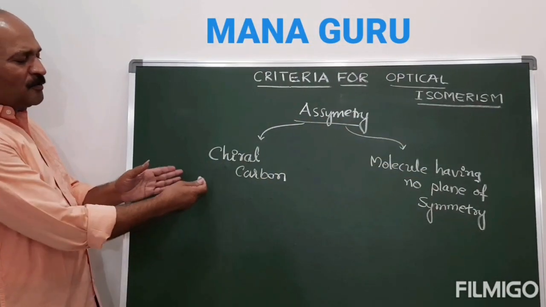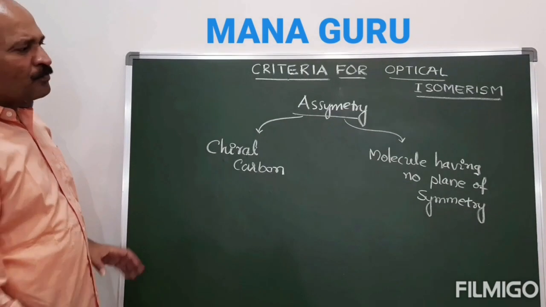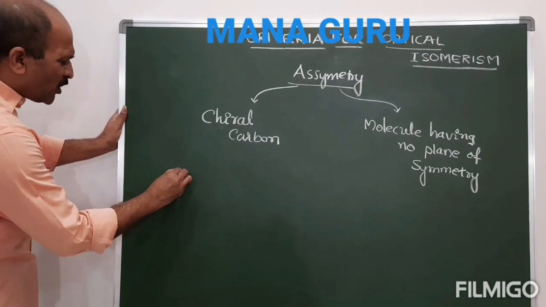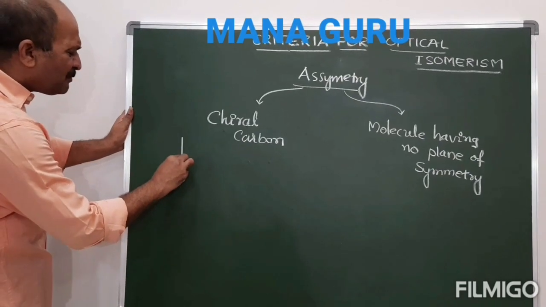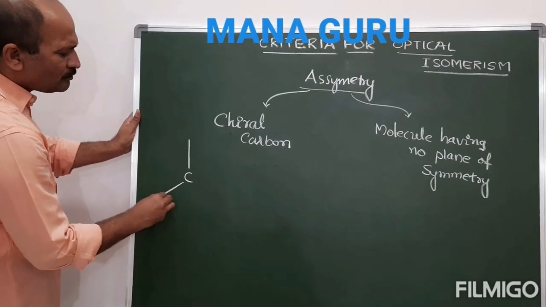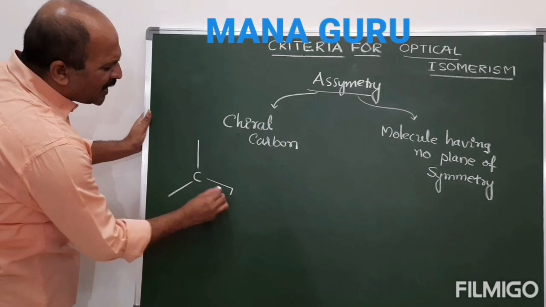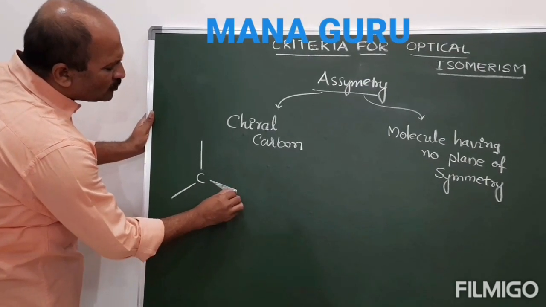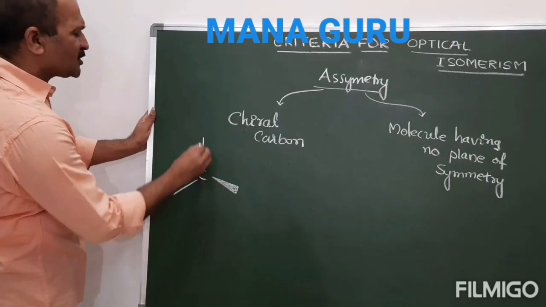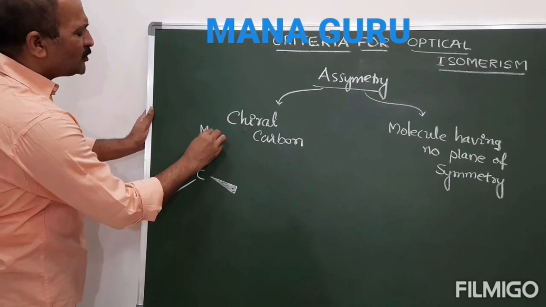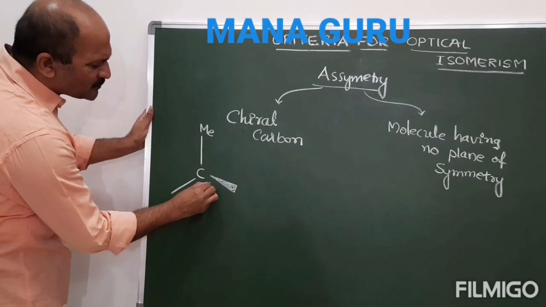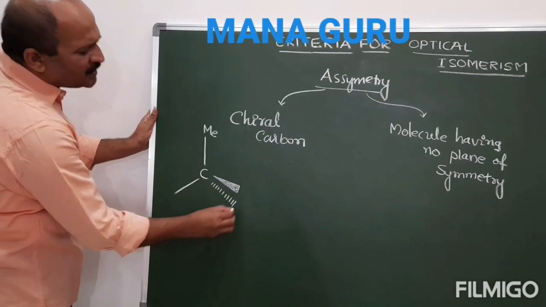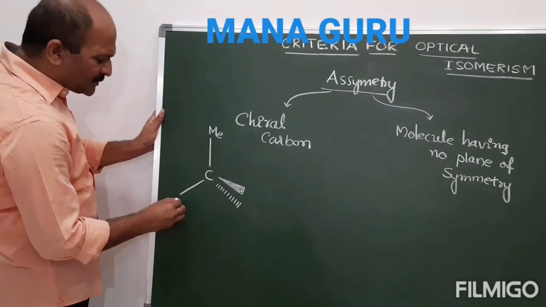First we will take the compounds having the chiral carbon. What is a chiral carbon? An sp3 hybridized carbon bonded to four different groups can be called a chiral carbon or asymmetric carbon.